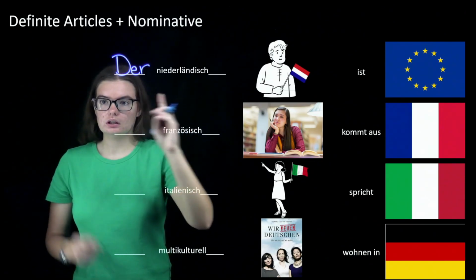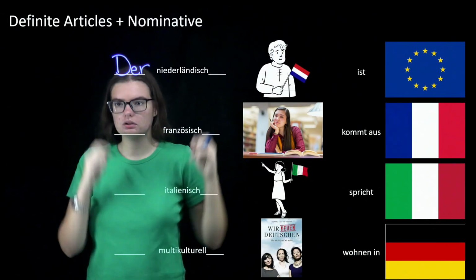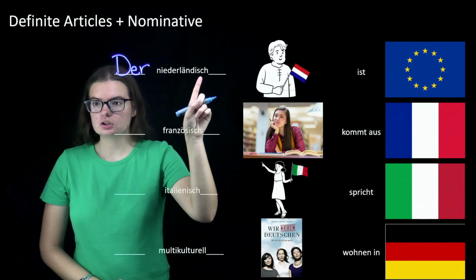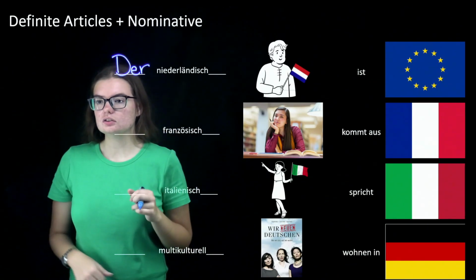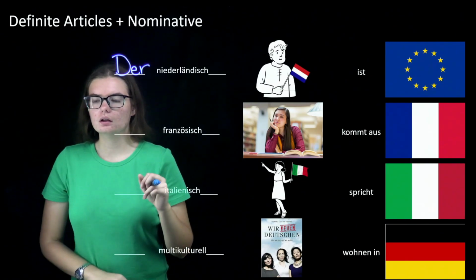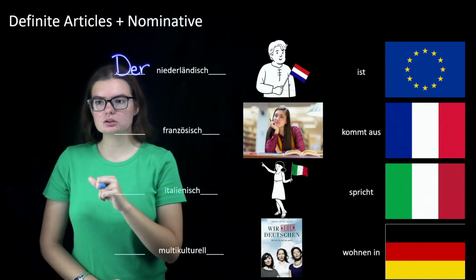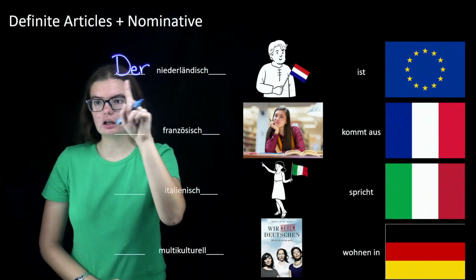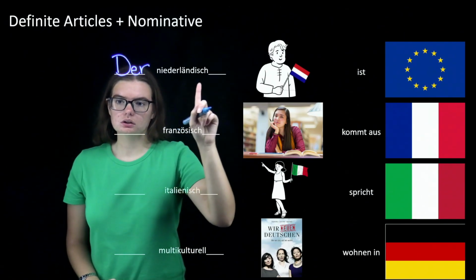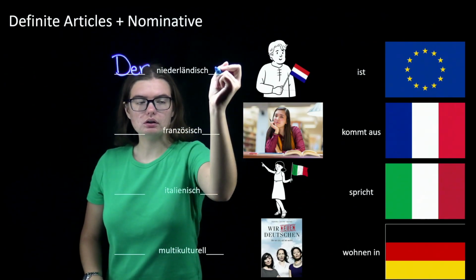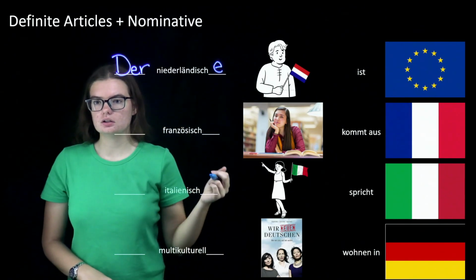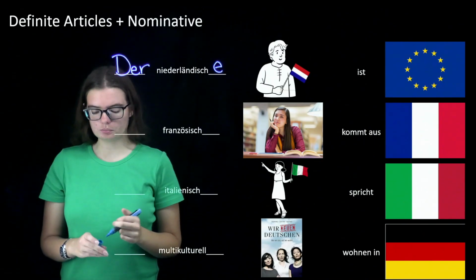In this little unit of an article and an adjective, we need something to reflect case and something to reflect gender. So we need nominative and masculine, which this actually already accomplishes, but we still need an ending, so we just put a generic A on the end. Der niederländische Mann ist europäisch.